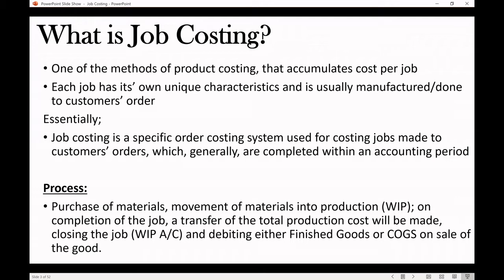Once I have started production, I have to move these materials into production, and that's where it goes to the working process account. That shows that, okay, I have now started the process of making this good.